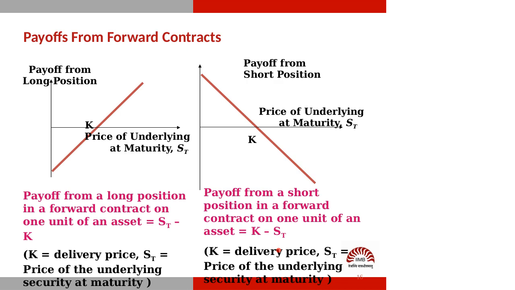The asset becomes worthless, its value goes down to 0. But because you have a contractual agreement, you will still have to buy the asset at a price of K. So your loss could be as high as K. In practice, it may be less than K, but your loss could be as high as K.